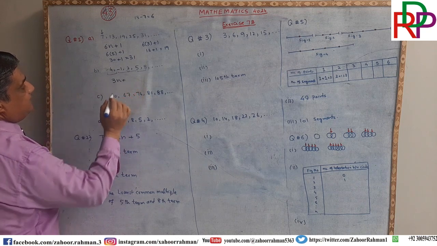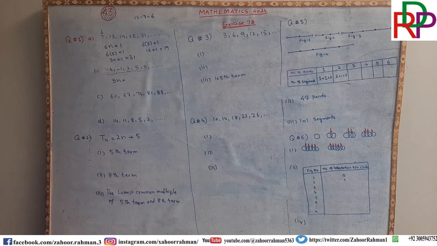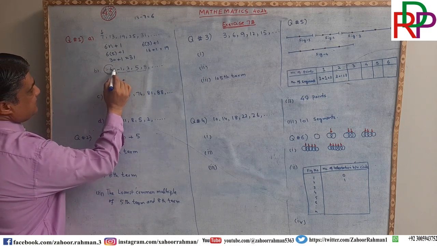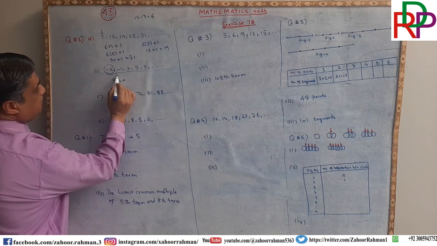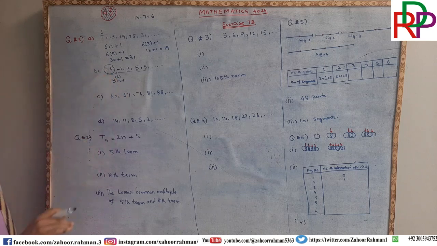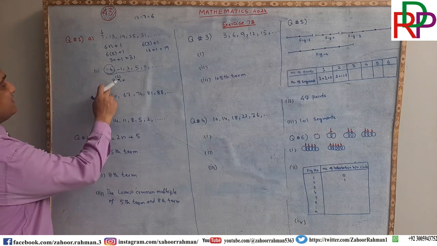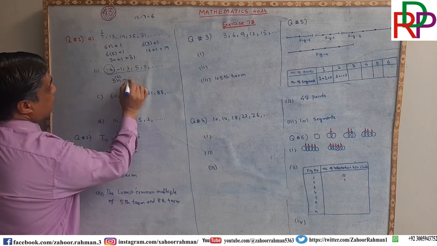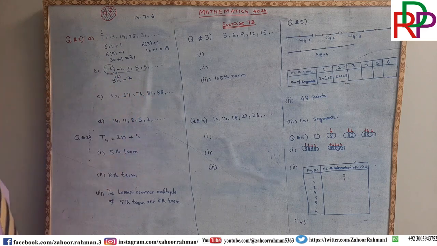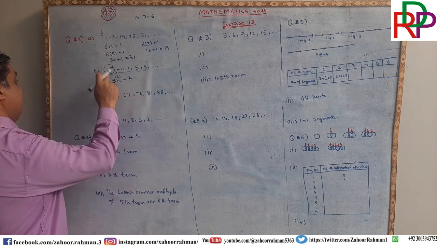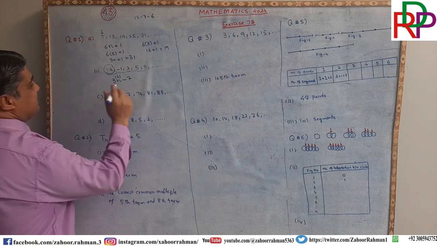And then, this is important, if this is the first term, we are putting 1 here instead of n. So 3 ones are 3 and we are getting minus 4. So we have to write minus 7 here. So 3 ones are 3 and minus 7 will get you minus 4.